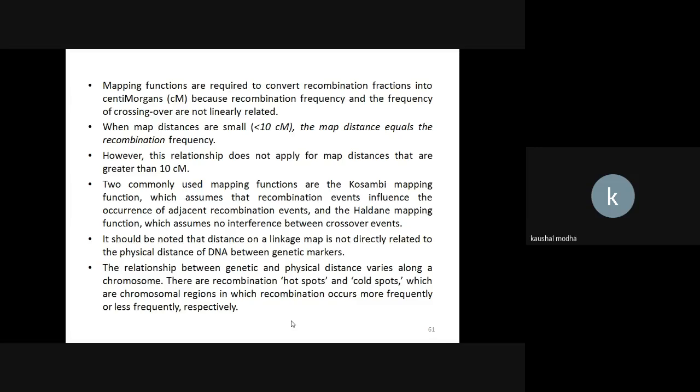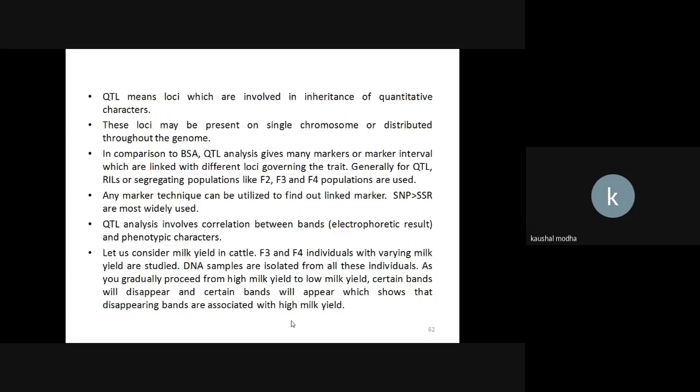Actually, they are very far away from each other, but because it is a cold spot for recombination, you said that they are linked. Such problems are there when you perform molecular marker mapping and look at the markers on particular chromosomes. So these are the issues we need to keep in mind.